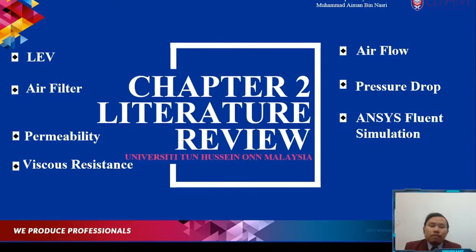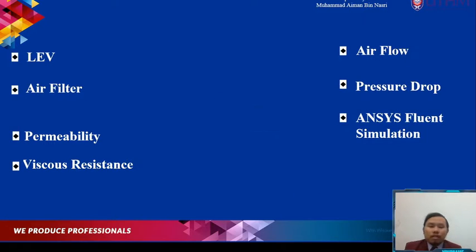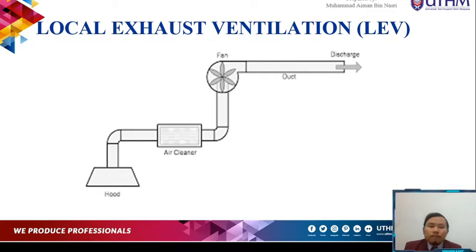Chapter 2 is literature review. We have 7 subchapters, which are LEV system, air filter, permeability, viscous resistance, airflow, pressure drop, and ANSYS Fluent simulation. For the LEV system, local exhaust ventilation is not a modern form of ventilation system.